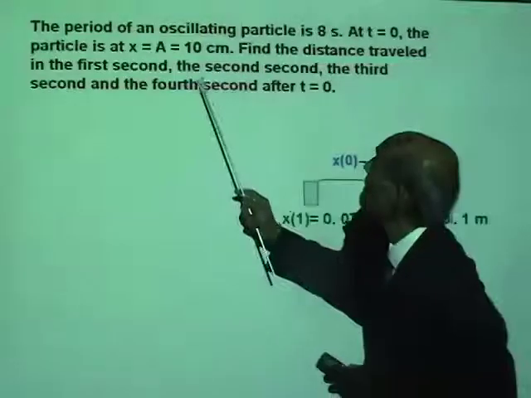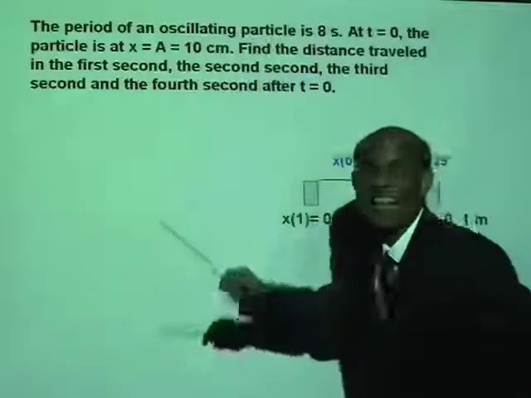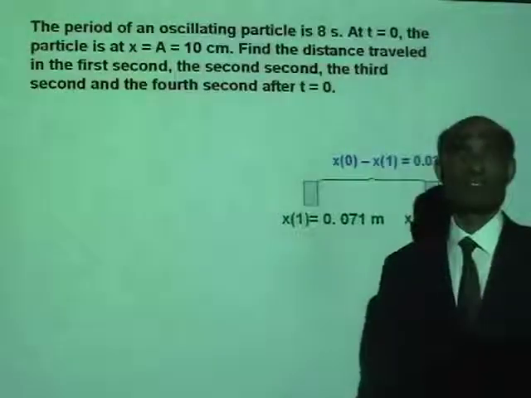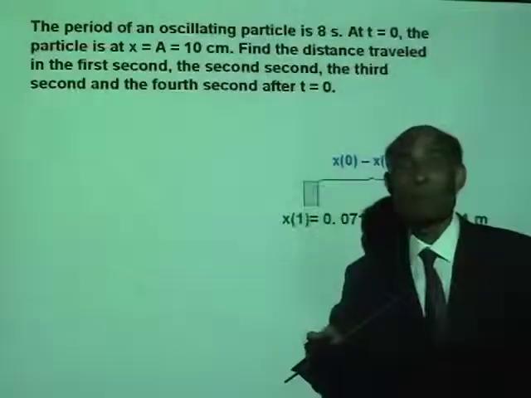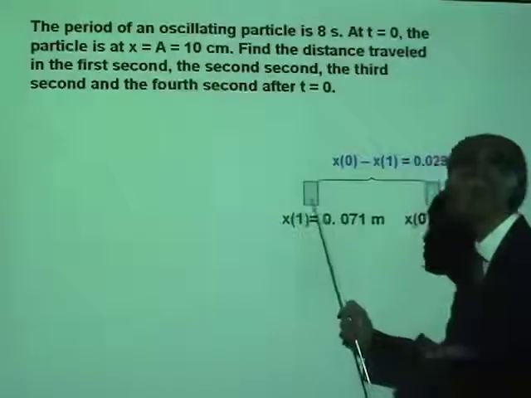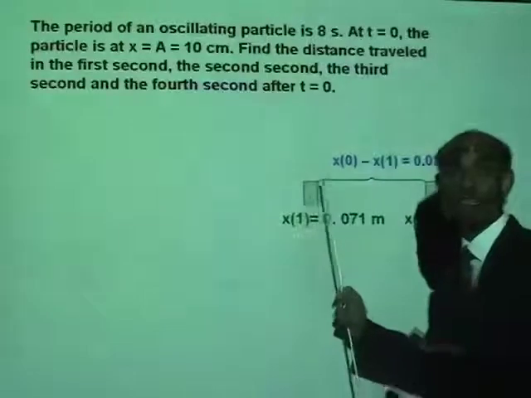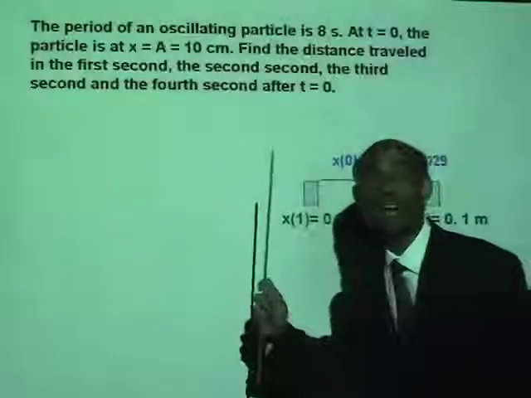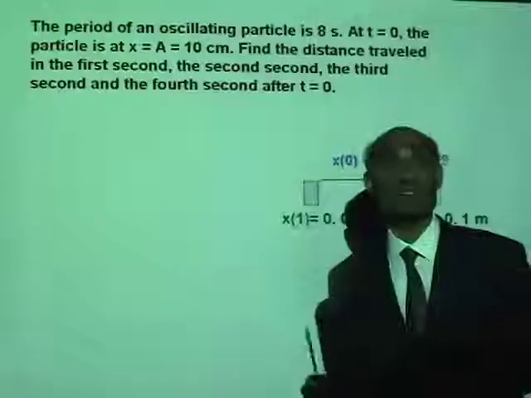We now need to find the distance traveled in the second second. How do we do that? We know at the end of the first second, the object is here. Let's find out where the object is at the end of the second second.